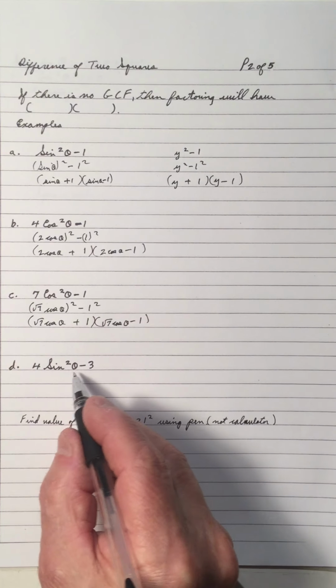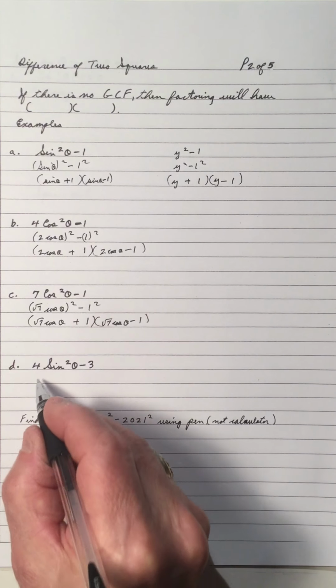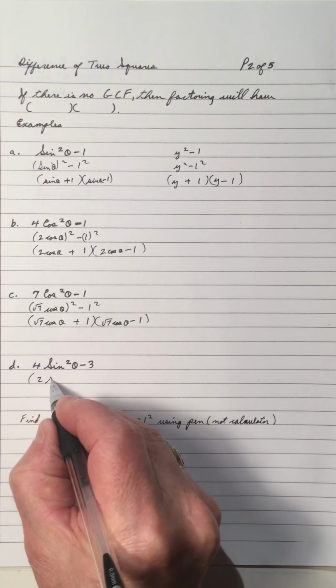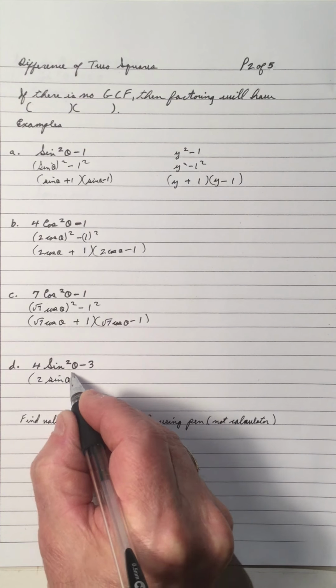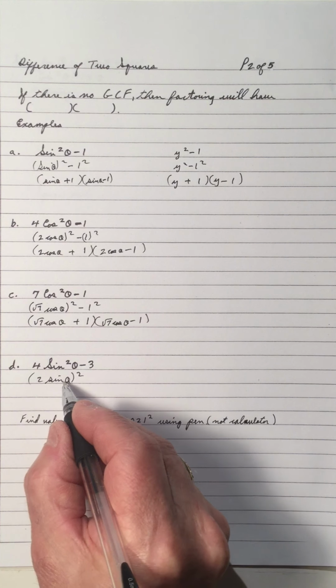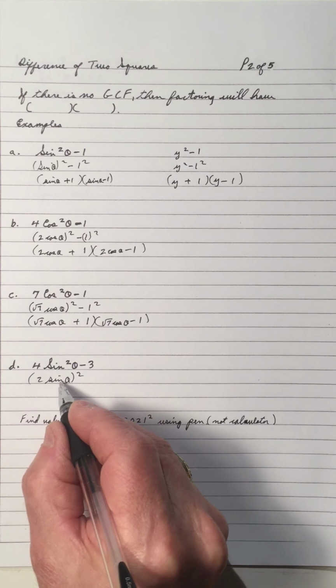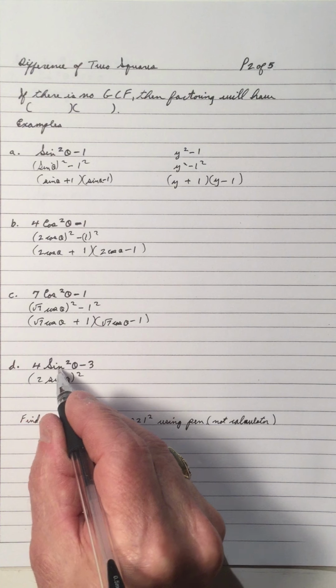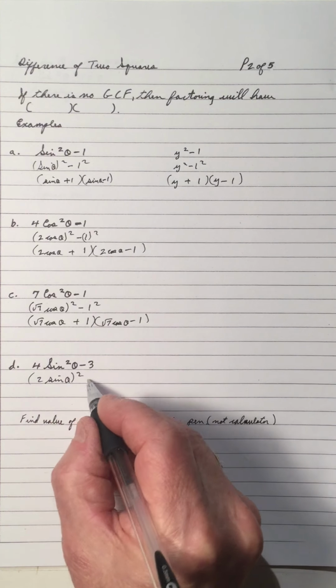And D is also the difference of two squares. We have 2 sine theta, and if we square it, 2 sine theta times 2 sine theta gives 4 sine squared theta.